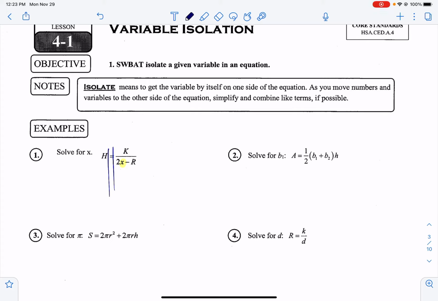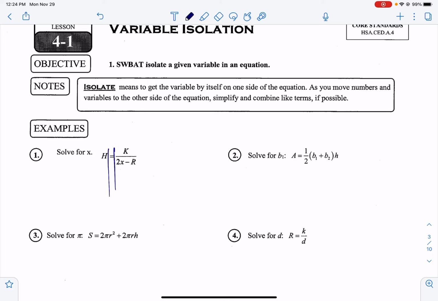And the way that we start this one is, remember when you have a fraction, the top is kind of like its own group, and the bottom is also kind of like its own group. It's like it is in parentheses. So that 2x minus r is a group. It's inside parentheses, but it's stuck on the bottom of a fraction. So the first thing we're going to do is get it out of the bottom.